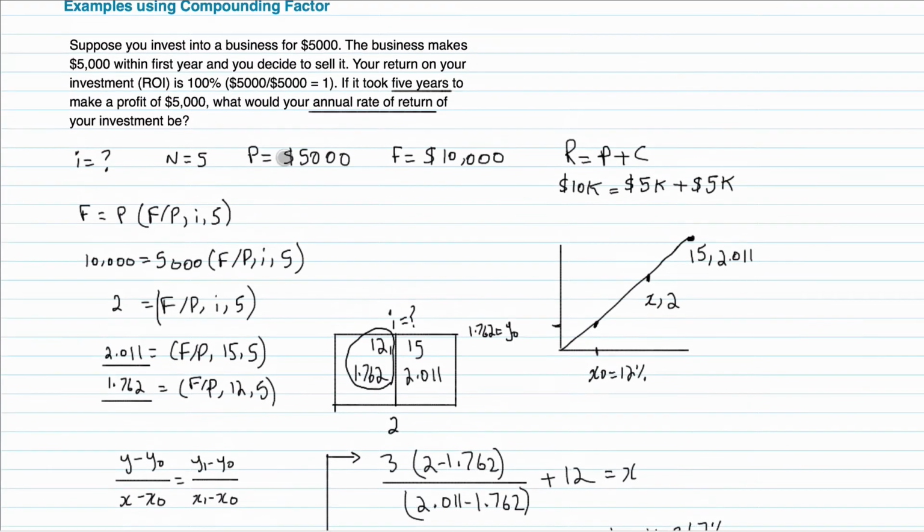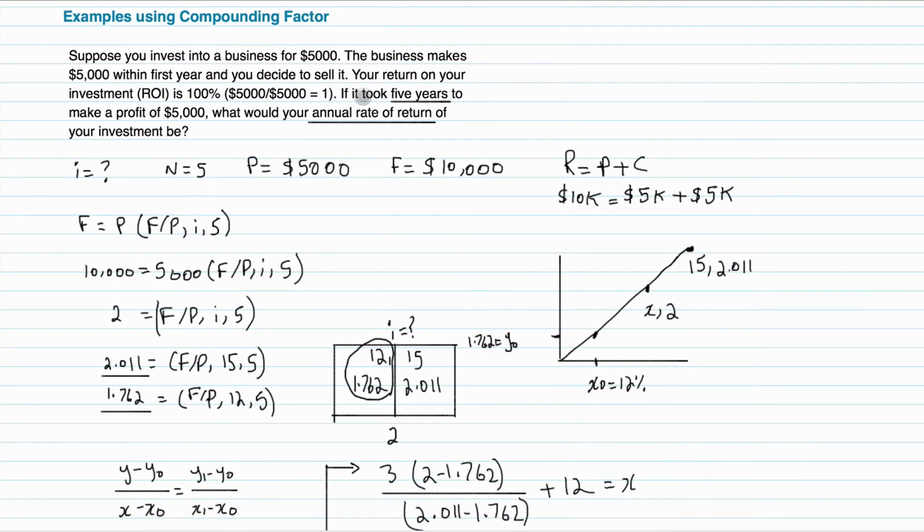So the question is asking, if it took 5 years to make a profit of $5,000, what would your annual rate of return of your investment be? Because in 1 year the return on investment is $5,000, 5,000 over 5,000 gives you 100% return on investment.